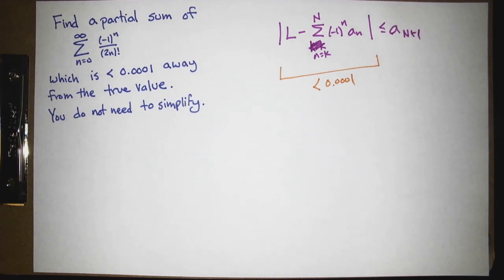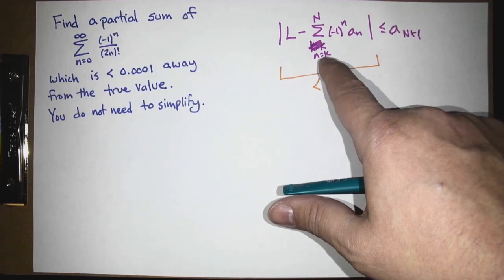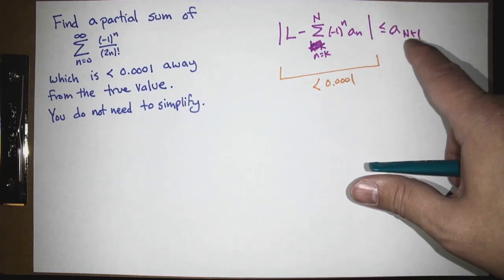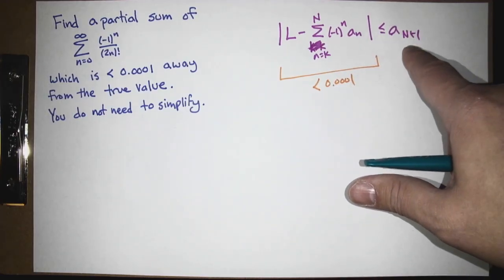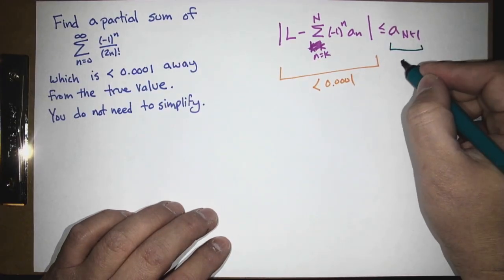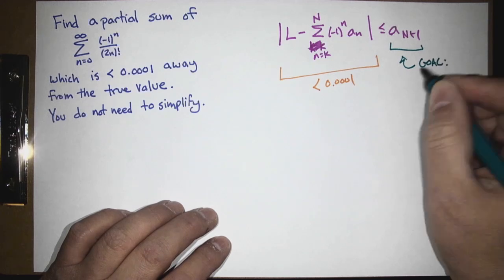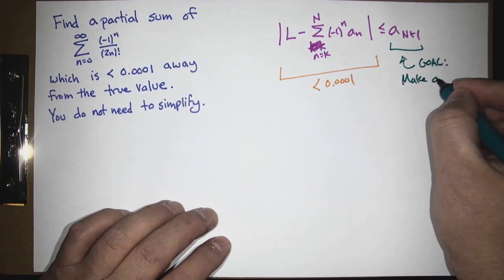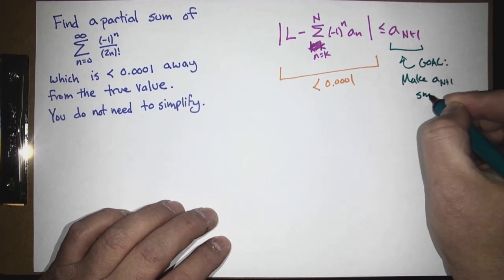So what is it we need to figure out? How do we look for it? If we want the left-hand side to be small, we can make the right-hand side small. So the goal is to make this term small.